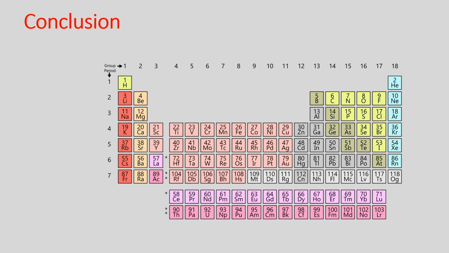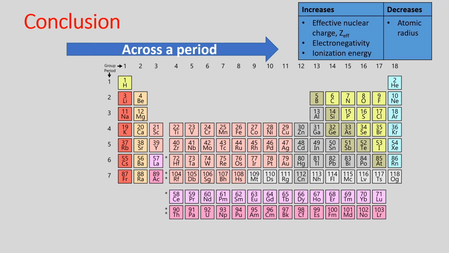Okay, conclusion. This is the one I nak you guys salin because I dah compress all of topic 6 dalam this one slide. Okay, across the period, apa yang bertambah is effective nuclear charge, electronegativity, and ionization energy. Tapi dia berkurang is atomic radius.